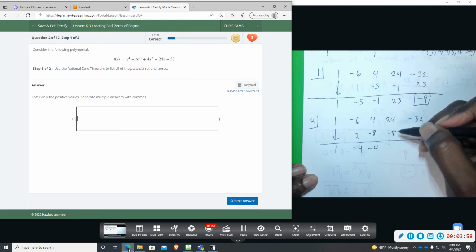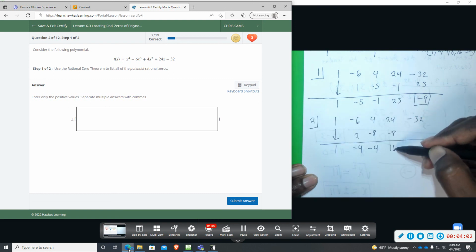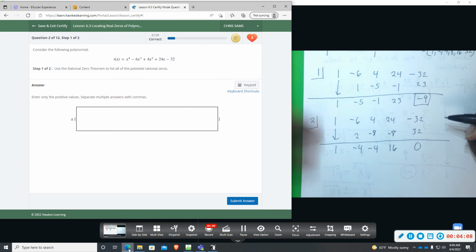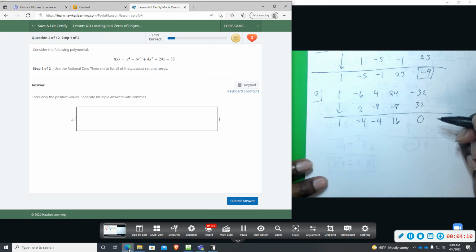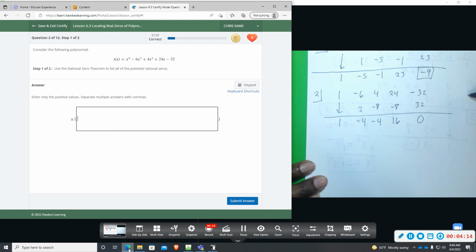Combine, and we get a positive 16. 2 times 16 is 32. Combine, we get 0. Okay, so now we have found a 0, so 2 works. X equals 2 is a 0.